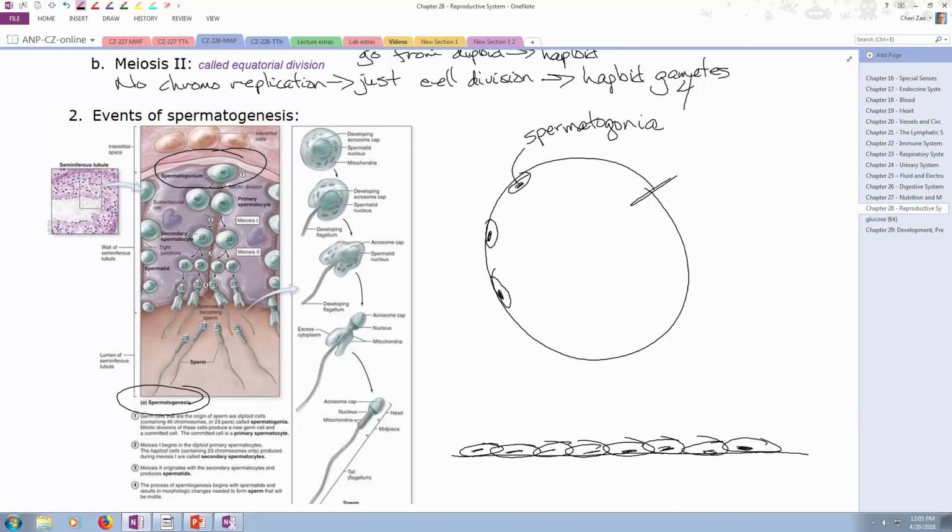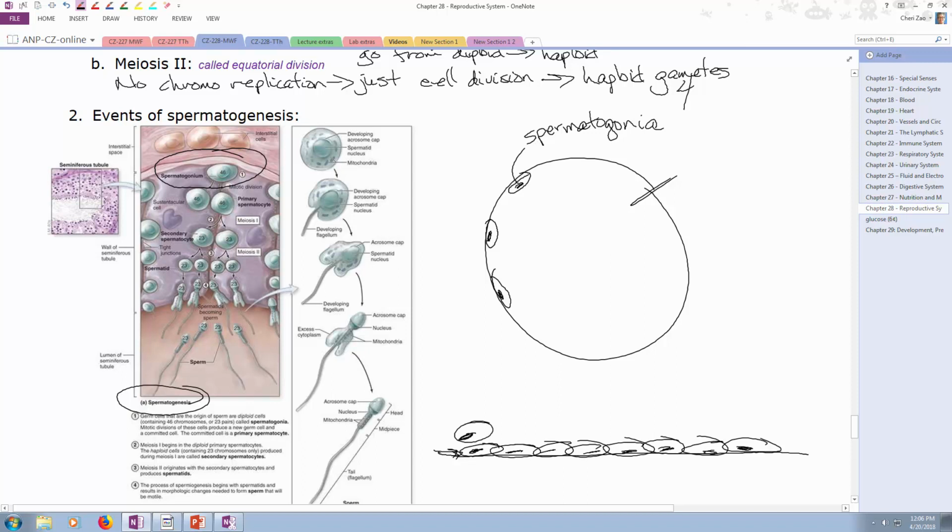There's going to be these cells, and if they're undergoing mitosis, remember from one cell we end up with two, correct? So I'm going to use this cell down here at the bottom, and from one I'm going to create two, and where am I going to put the second cell? I'm going to put it on top, correct?